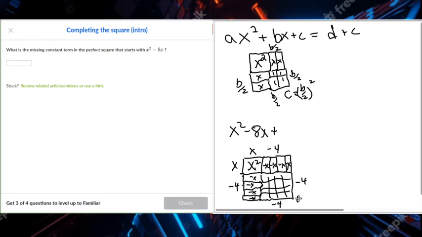And how many is that? That's going to be 16 units. So we're going to have to add 16 to there in order to make that into a square that looks like x minus 4 squared, x minus 4 times x minus 4. So our constant is 16.